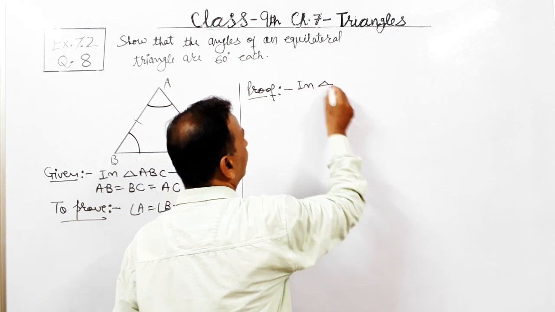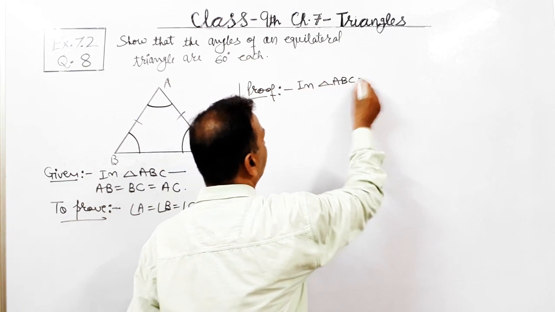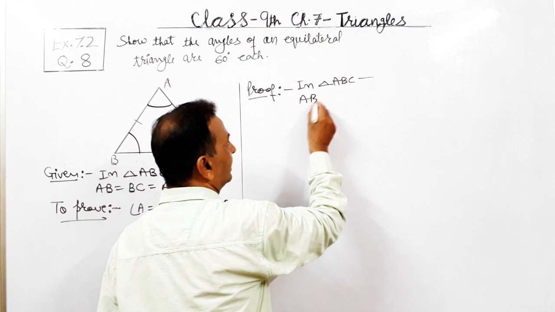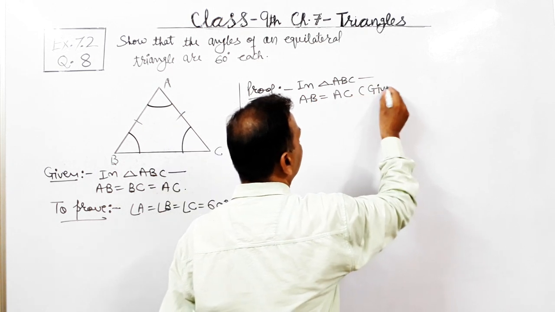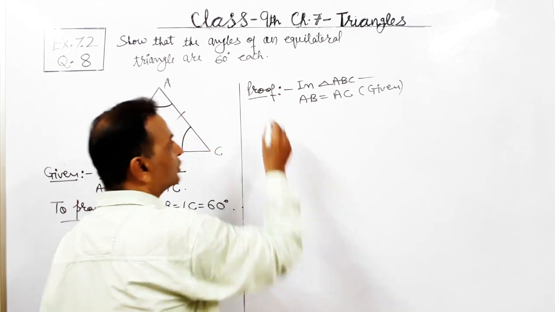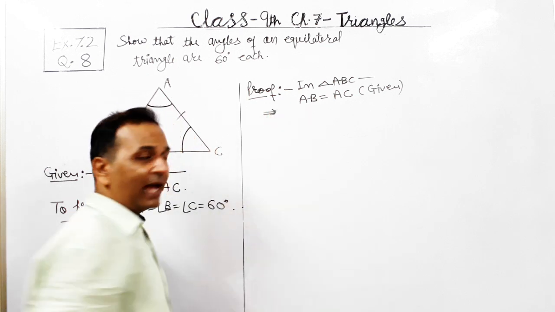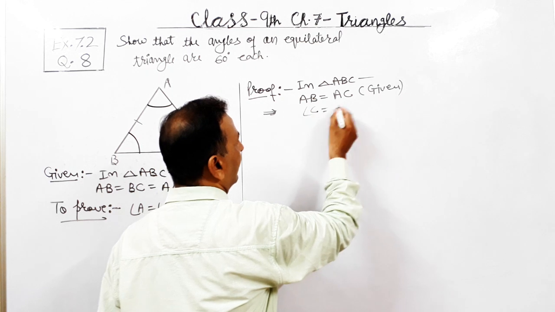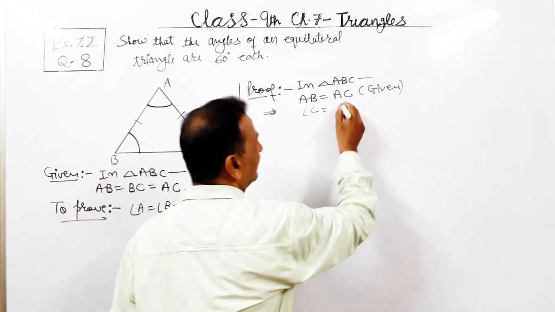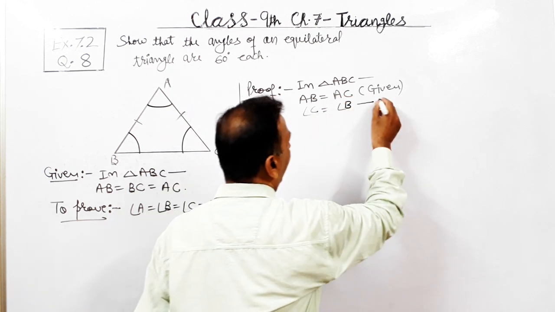So write down this. In triangle ABC, what we have? AB equals AC. Why? Because it is given in the statement of the question. So this implies the angle opposite to the side AB, that is angle C, and the angle opposite to the side AC, that is angle B, are equal.